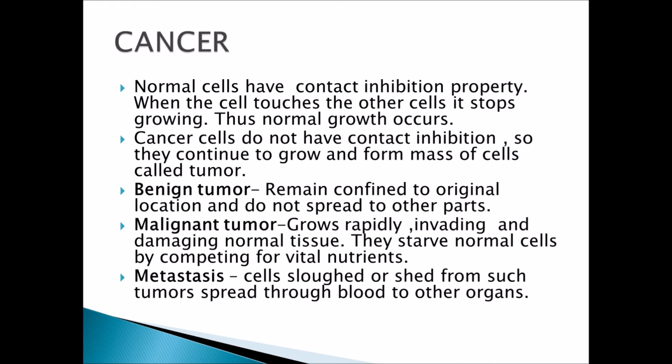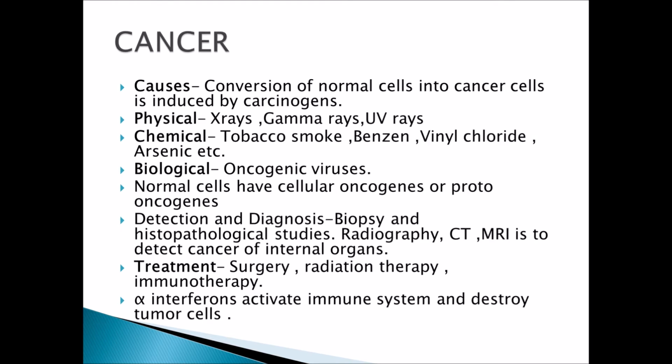Metastasis. This is a process in which from the malignant tumor, the cells which are sloughed or shed out from such tumors spread through blood to other organs, and this causes the spread of the tumor.